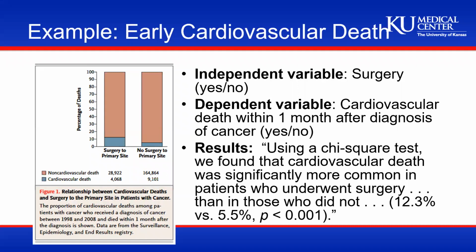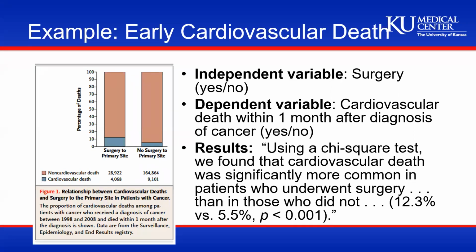In this case, the study was done using SEER data on individuals who received a diagnosis of cancer between 1998 and 2008. That formed the cohort, the population of individuals they were interested in. They recorded the number of individuals who experienced cardiovascular death. The independent variable was whether or not the individual with a cancer diagnosis received surgery.